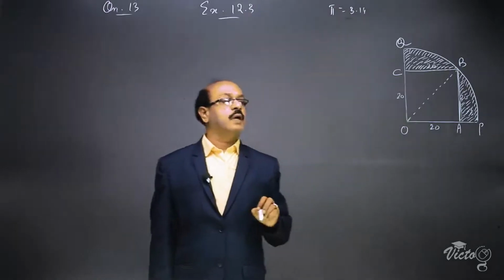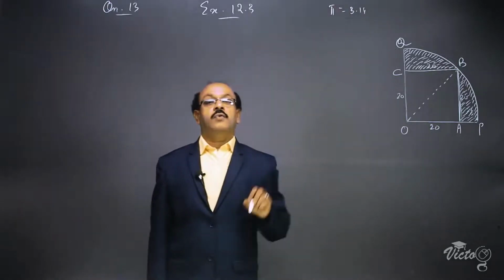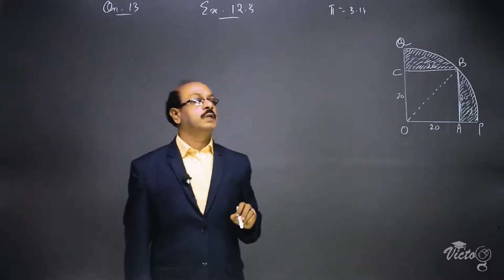Since the length of one side of the square is 20 centimeter, the length of the diagonal is equal to 20 root 2 centimeter.